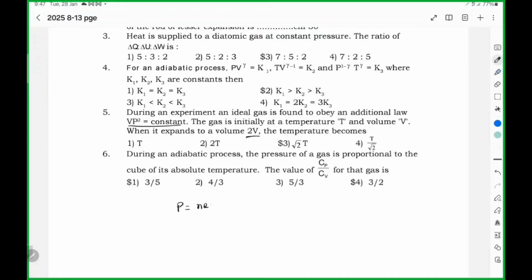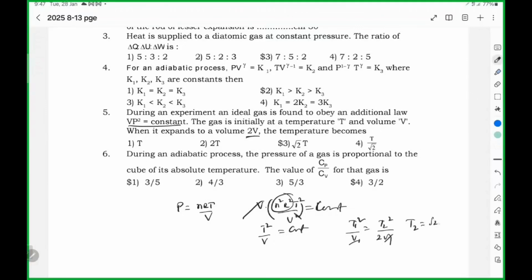P here is nRT by V, so P is n square R square T square by V square. nR is constant. So T square by V is constant. So T1 square by V1 equals T2 square by V2. The temperature changes to this.